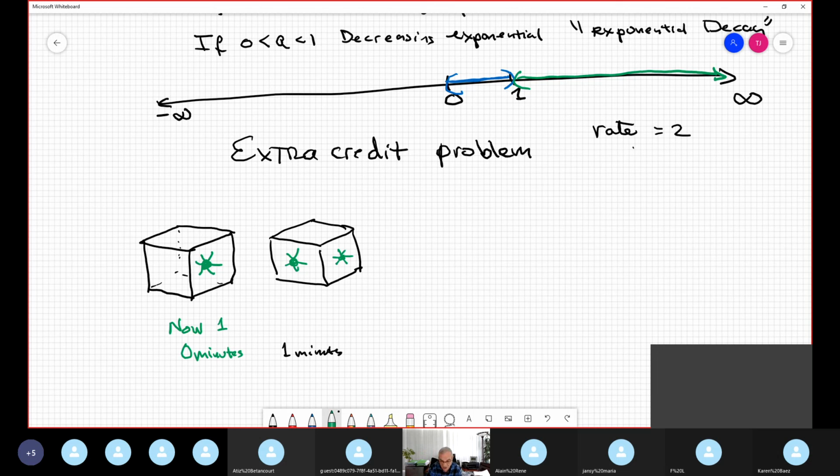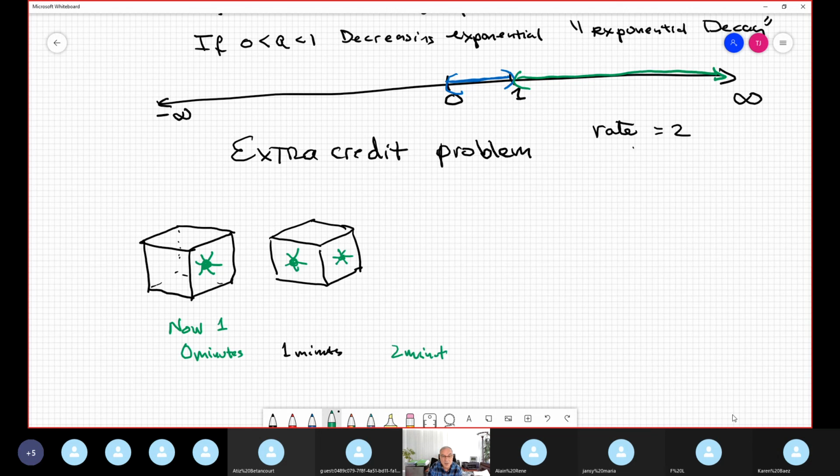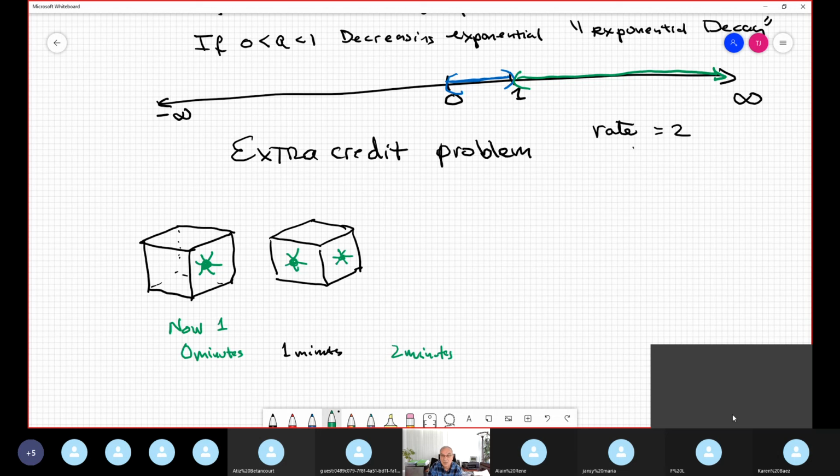You have no idea how super fast it increases. Okay, how many coronavirus do we have in 2 minutes? 4 coronavirus.